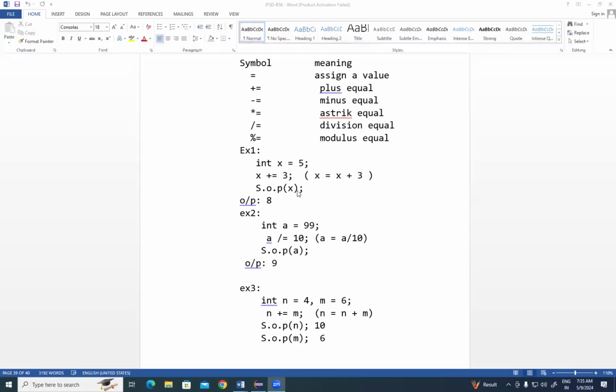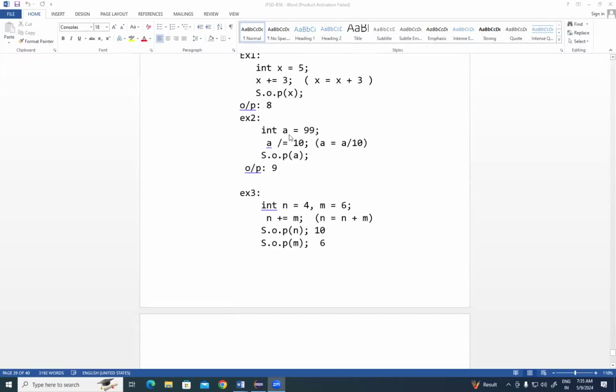Now, if I print the value of X, what's the value printed? 8. And do you know the output statement in Java? I have written a shortcut, but what's the output statement in Java? System.out.println. We call it the SOP statement in short, right? System.out.println of X. We got 8 here.